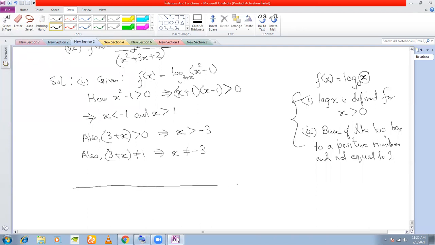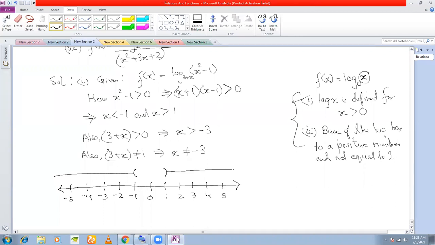Now look at the number line. In this number line, x less than minus 1 means this is the region that I'm talking about, right? x greater than 1 means this is the region I'm talking about, right?